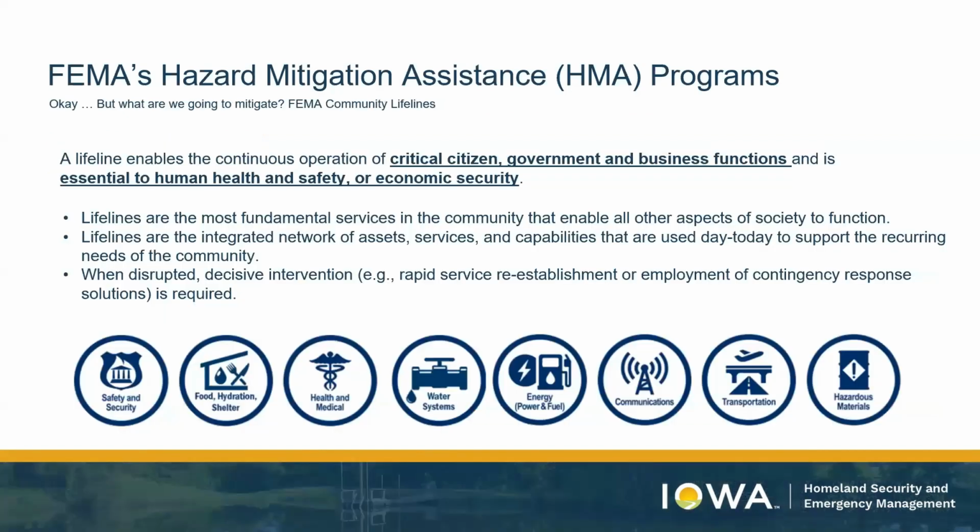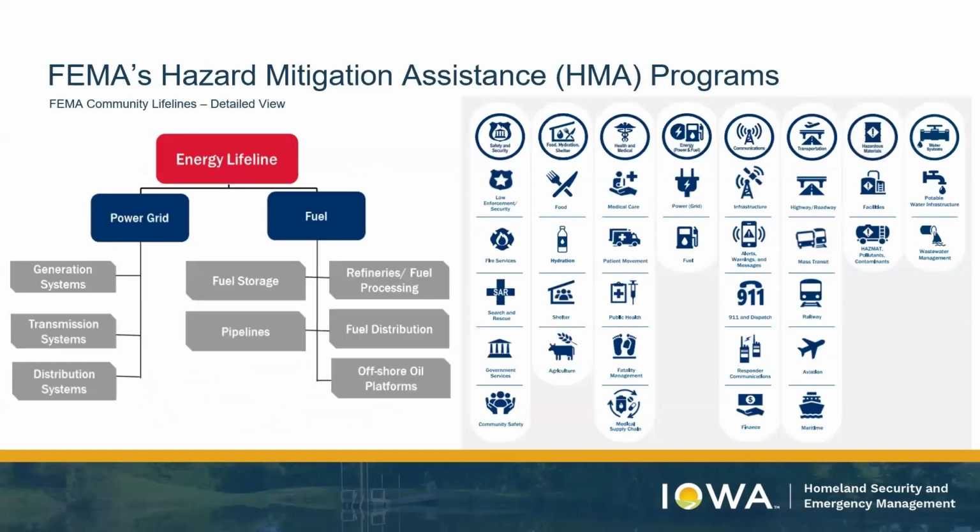So if we're going to mitigate things, we're focusing on the FEMA lifelines: security and safety, food, hydration, shelter, health and medical, water systems, energy, communications, transportation, and hazardous materials. So we just zoom in on one of the single lifelines, energy, for example. We could ask if you're mitigating the grid or fuel, and if it's the grid, then you can dial in deeper, and we could consider generation, transmission, or distribution.